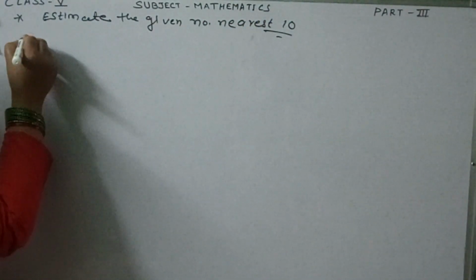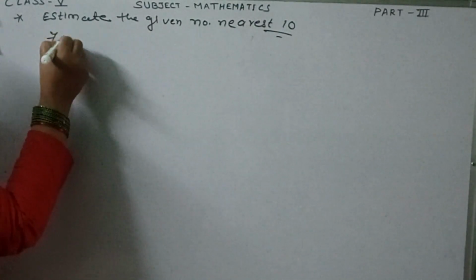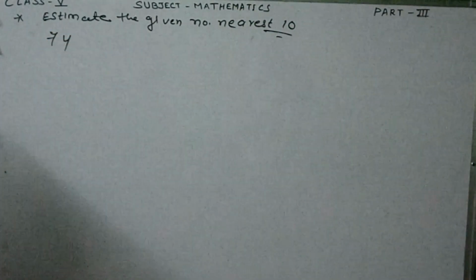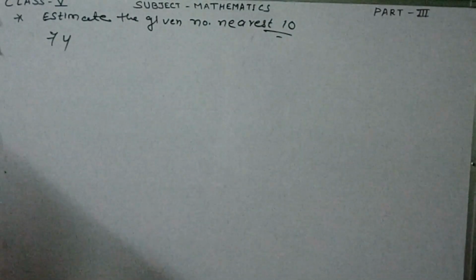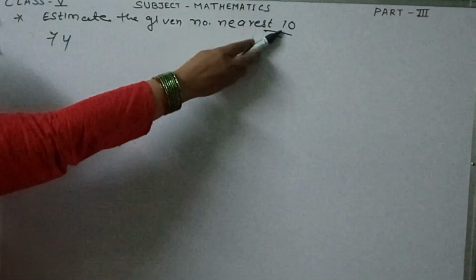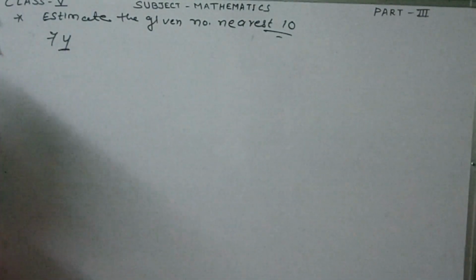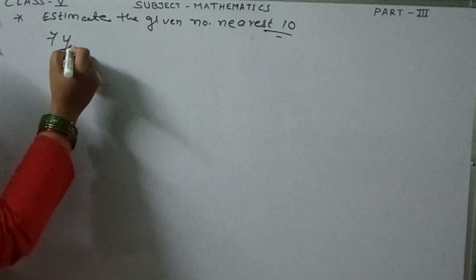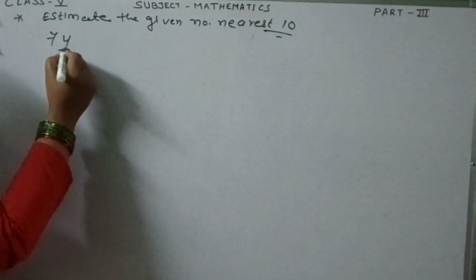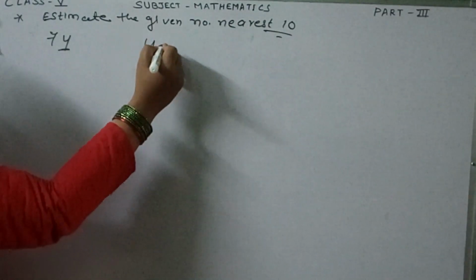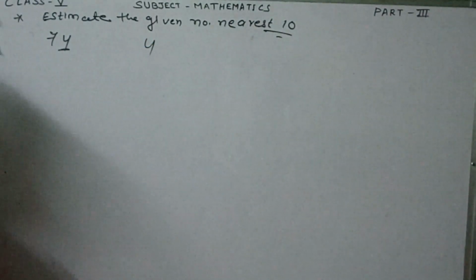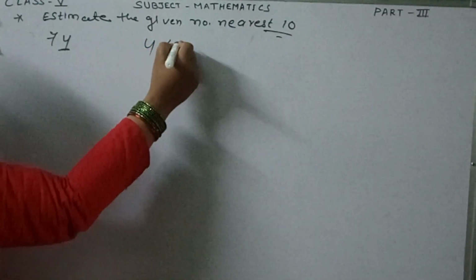I will take one more example, 74. What I told you: when you estimate the number nearest 10, you have to see the ones value and compare it with 5. Here the ones digit is 4. Is 4 less than or greater than 5? 4 is less than 5.